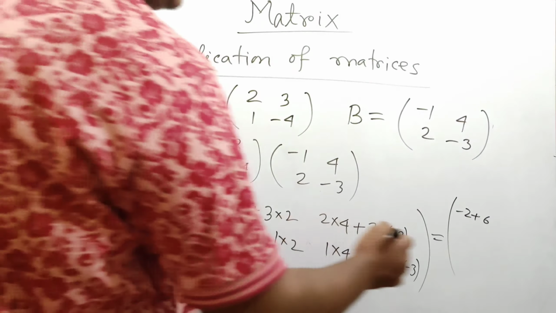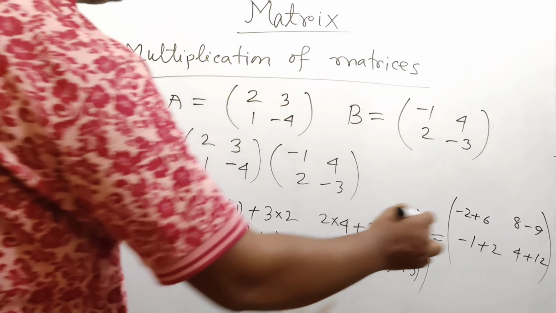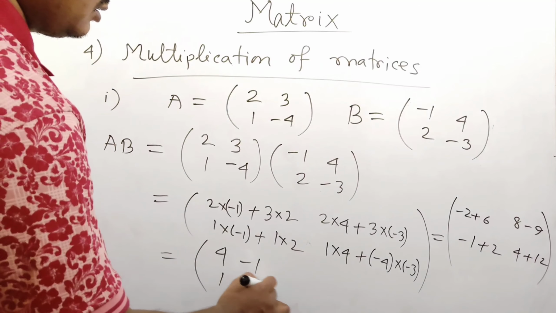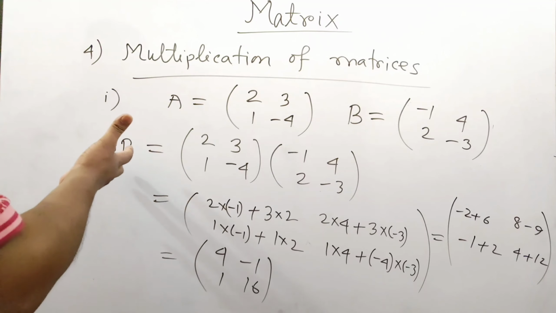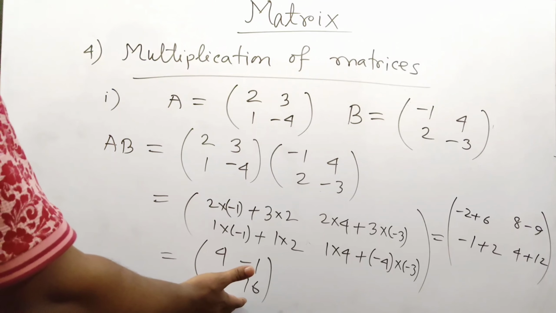Now if you do the addition of these numbers, then you will get 4, 1, negative 1 and 16. So this is the value of AB. When you do the multiplication, the value of AB should be this.